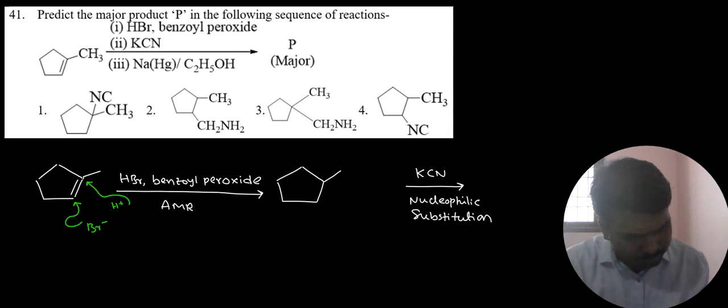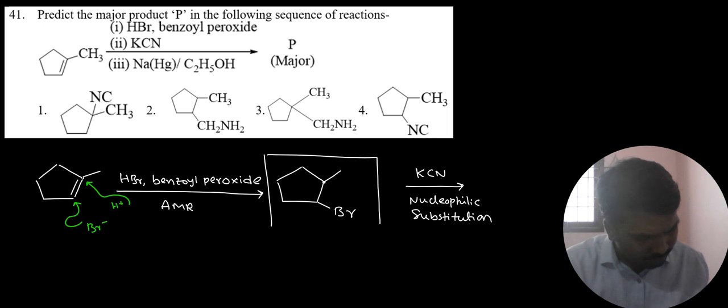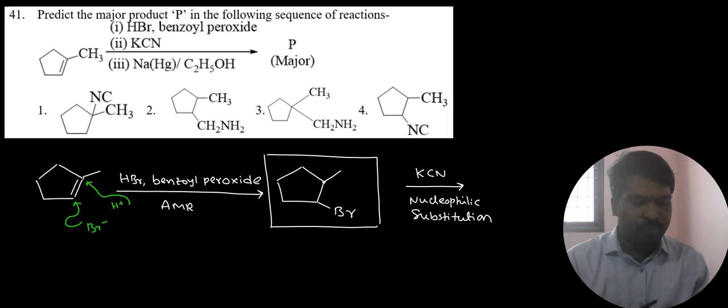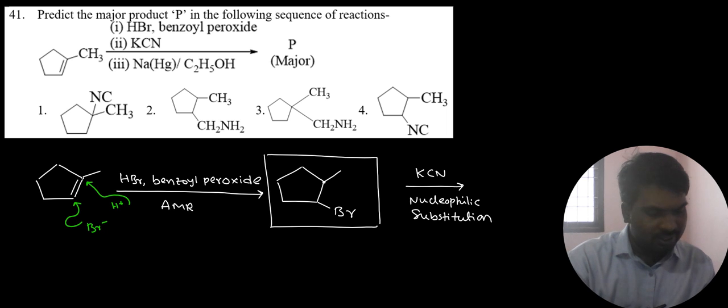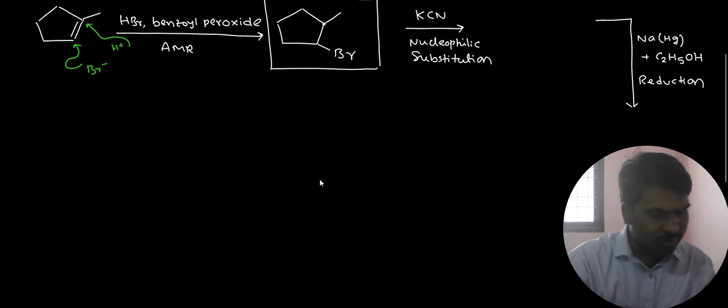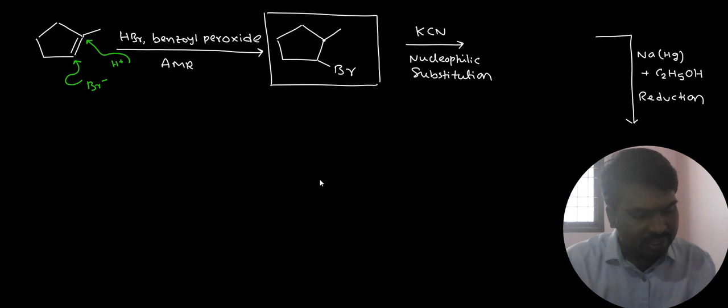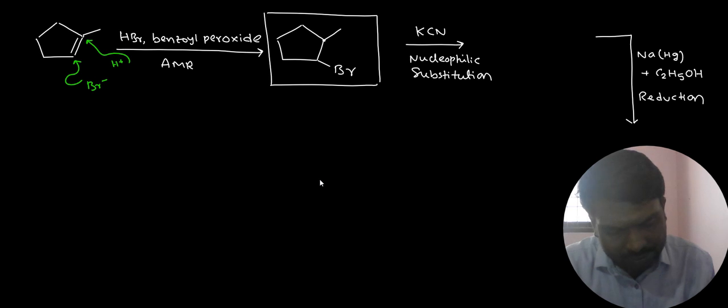Then break the pi bond. Here you can add hydrogen, here bromine. Now the second reagent is KCN, potassium cyanide. Then it is a nucleophilic substitution reaction.